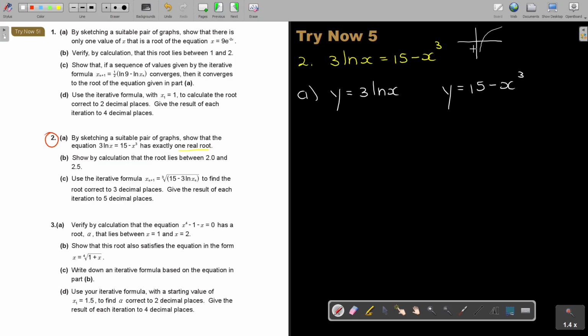I will not choose 0, it will not work. But I can maybe take 0.5, and 1. So I'm going to create a table, just so that I really can see the picture.